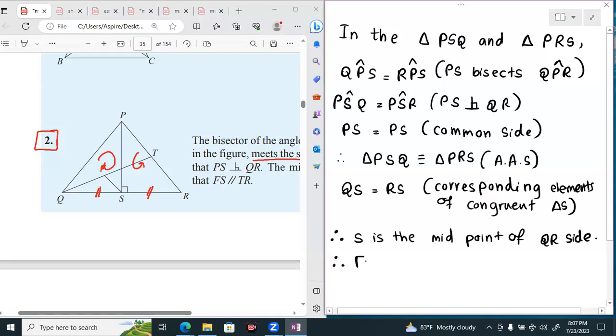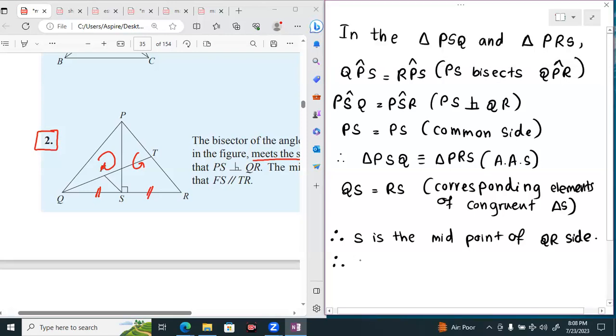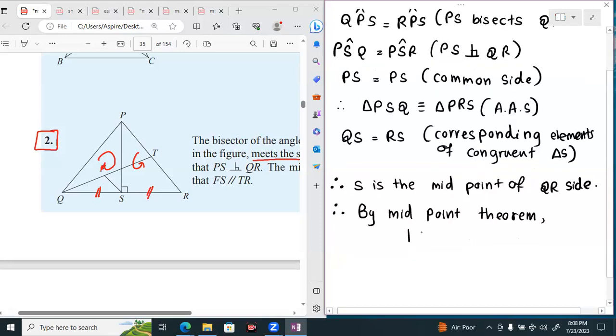Therefore, by the midpoint theorem, FS is parallel to PR.